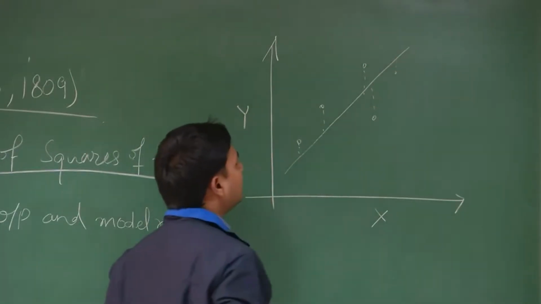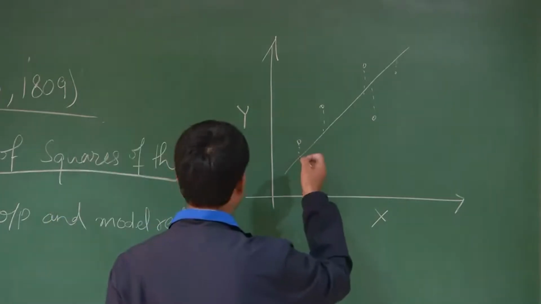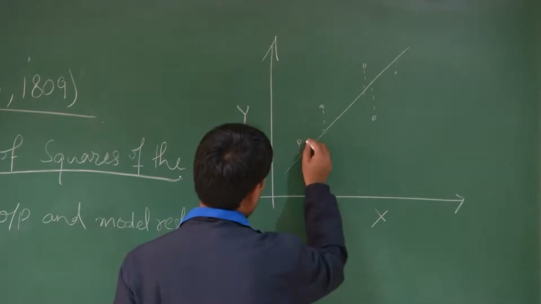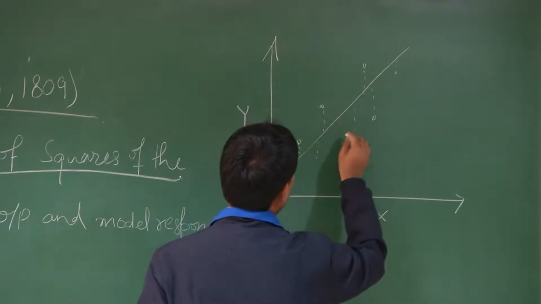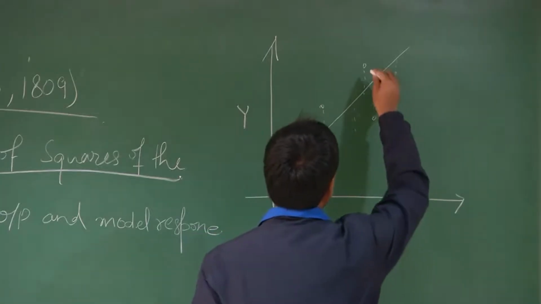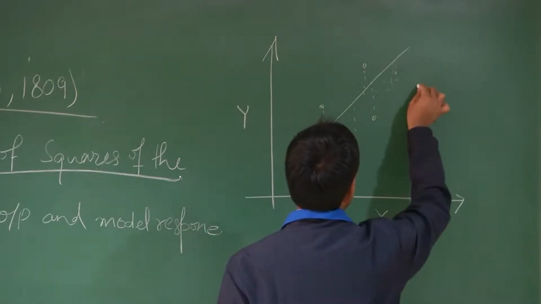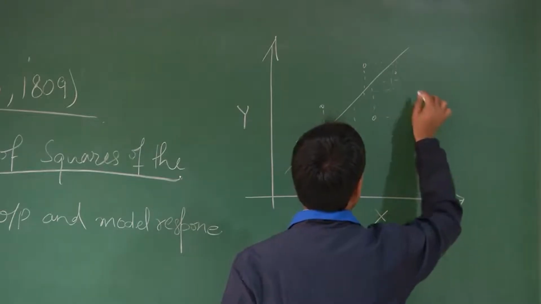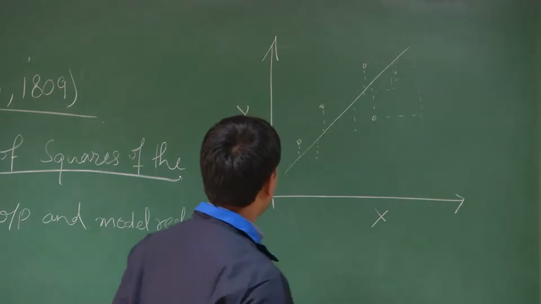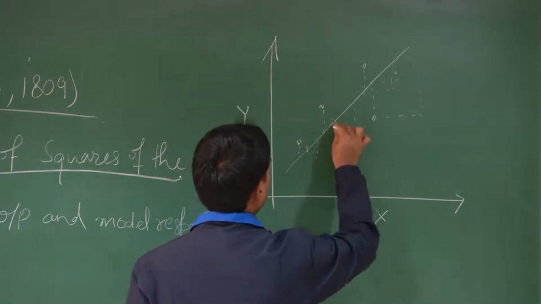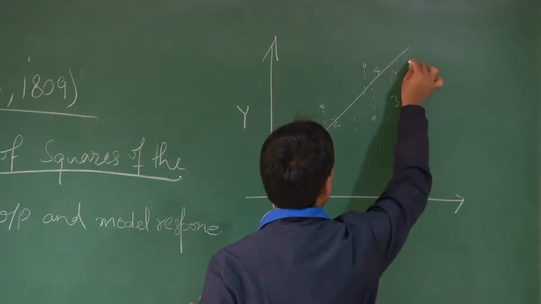Errors with respect to each data sample, each data point. Once I say squares of the error, then it is something like this. You make a square here, and this. Now you see how many squares? 1, 2, 3, 4, and 5.